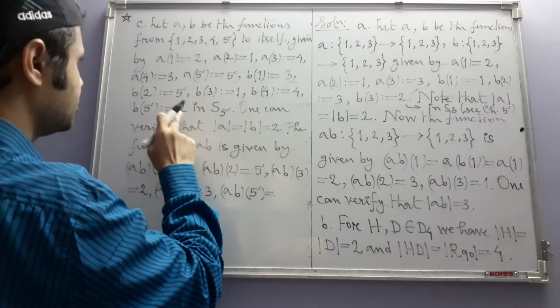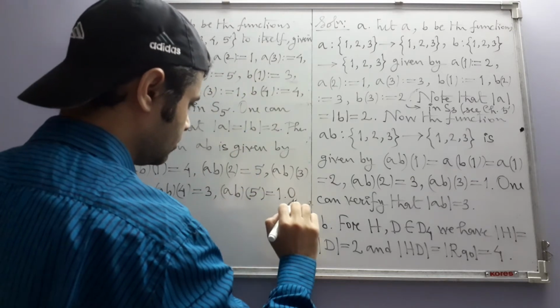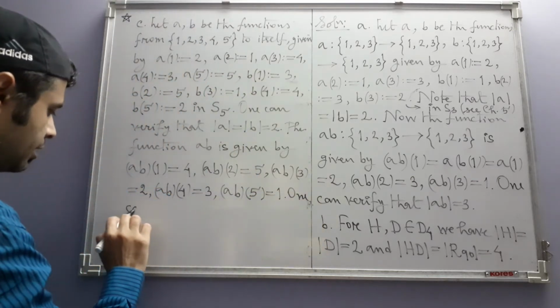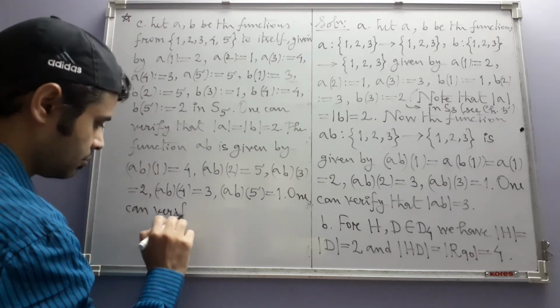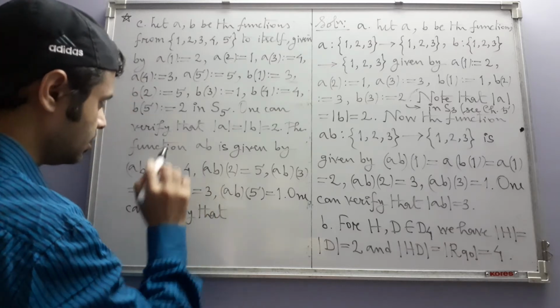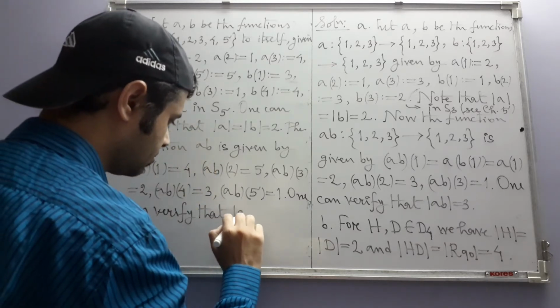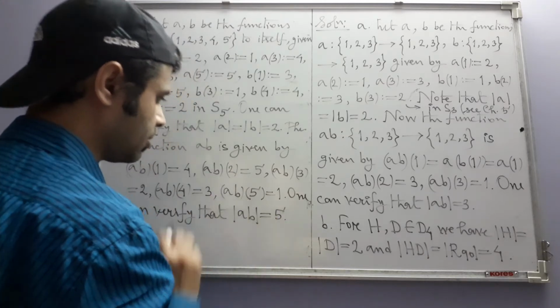B of 5 is 2, A of 2 is 1, yes. One can verify that in the group S5 the order of AB is 5.